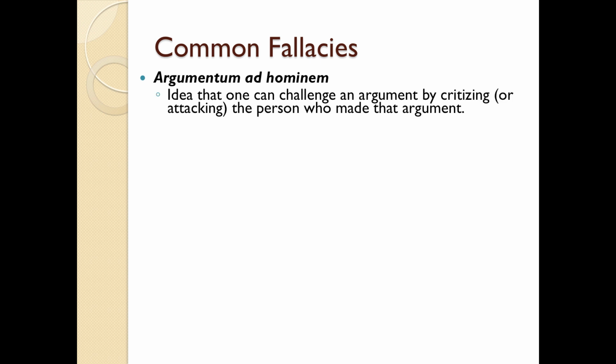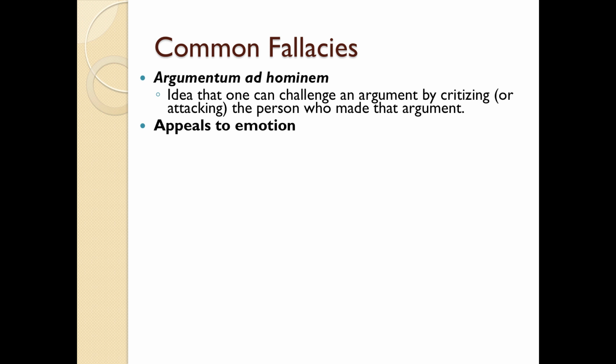Okay, now we have common fallacies. We have common fallacies related to argumentum ad hominem, an idea that one can challenge an argument by criticizing or attacking the person who made that argument. So here's the thing. These fallacies are ways in which people distort arguments and try to manipulate people through emotion or faulty reasoning.